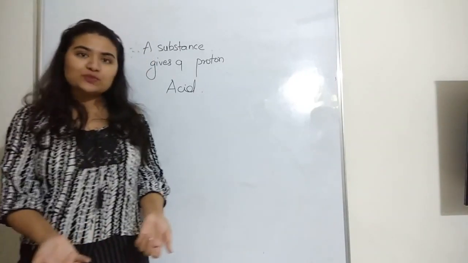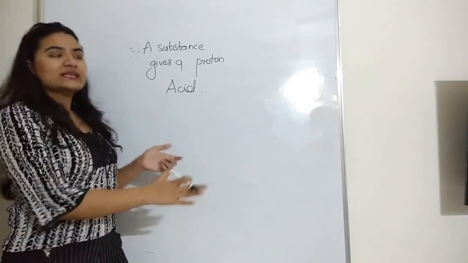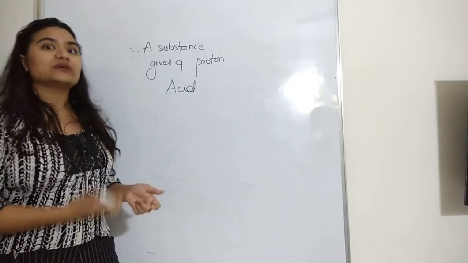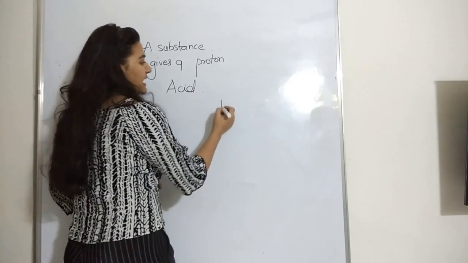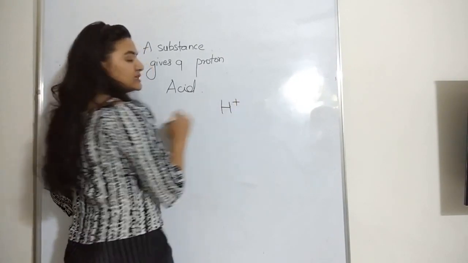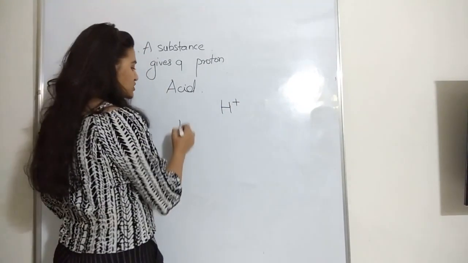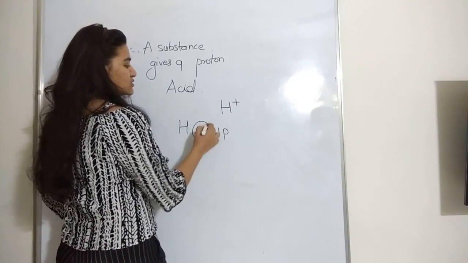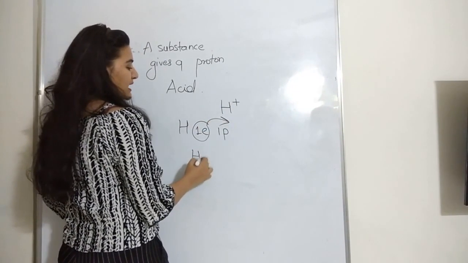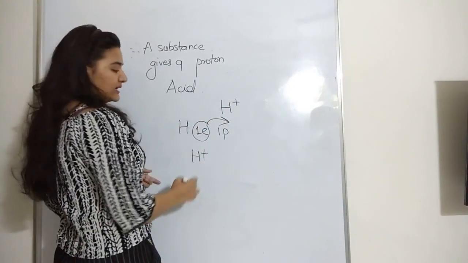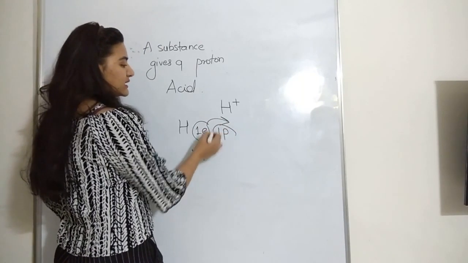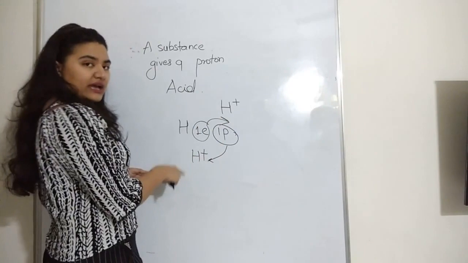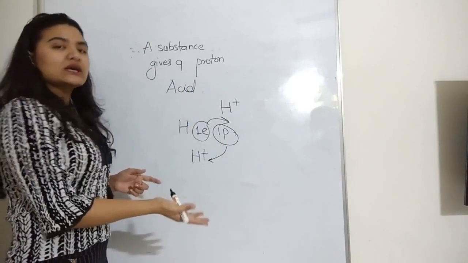Acids actually release H plus. If you have ever observed, all the acids release H plus, and proton over here refers to H plus again. So if I write H plus, this is my proton, because hydrogen has one electron, one proton. Now one electron is removed, it will become H plus, and that contains only a proton, right? So this is an H plus, which is also referred to as proton.